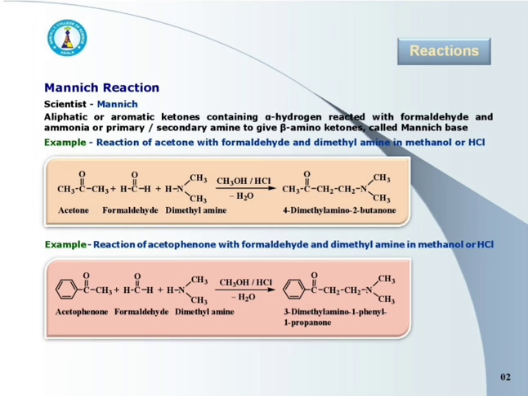When acetone is reacted with formaldehyde and dimethylamine in methanol or hydrochloric acid, it gives 4-dimethylamino-2-butanone, that is beta amino ketone. During the reaction, there is simple loss of water molecule.